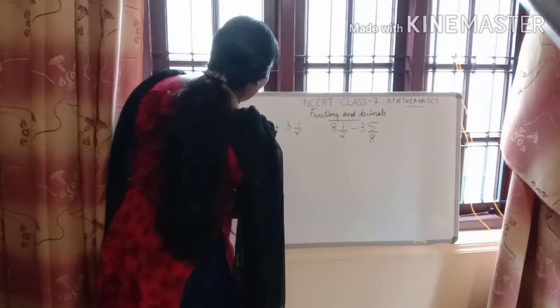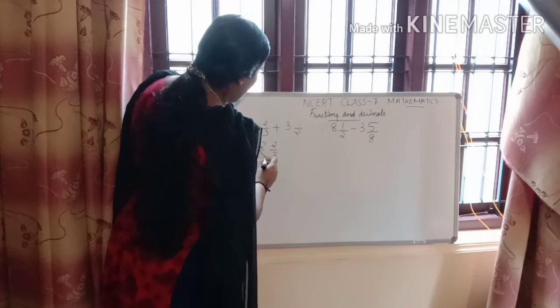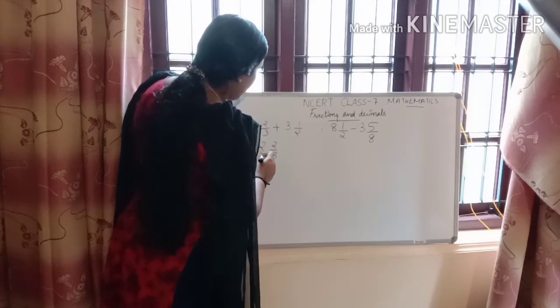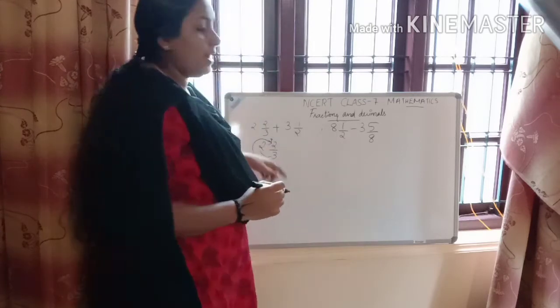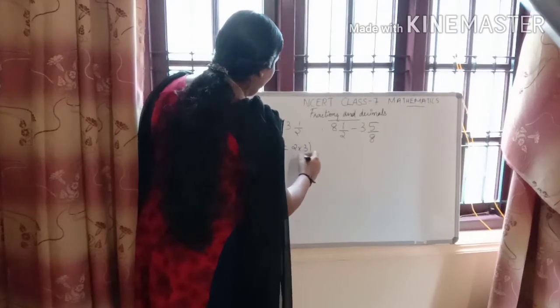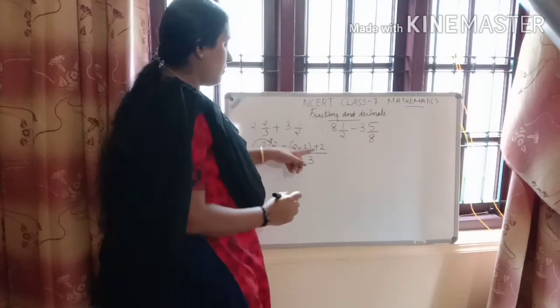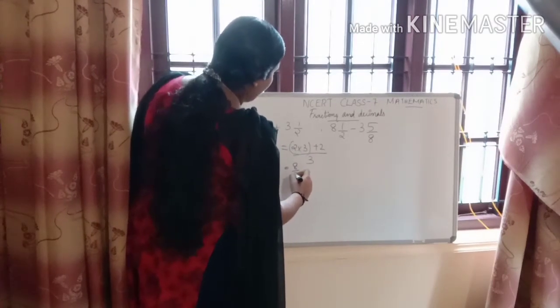See, 2 2/3. Just multiply the whole number by the denominator, and to this product we have to add the numerator. We get 2 into 3 plus 2, by 3. That is 6 plus 2, 8 by 3.